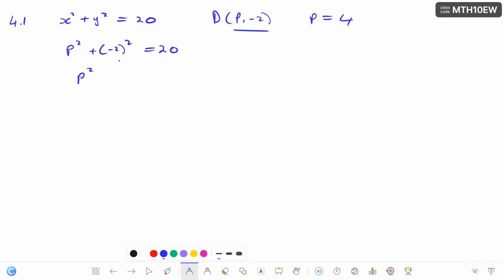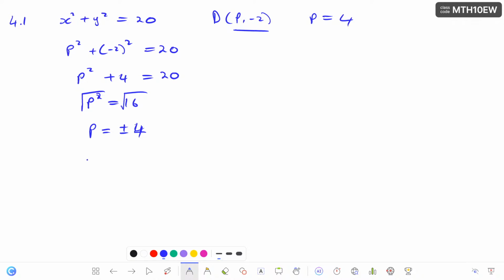So it's p squared, this is going to be 4, this one is going to be 20. So we're going to take 4 to the other side, p squared is equals to 20 minus 4 is 16. So square root of p is going to be positive or negative, and then square root of 16 is going to be 4.